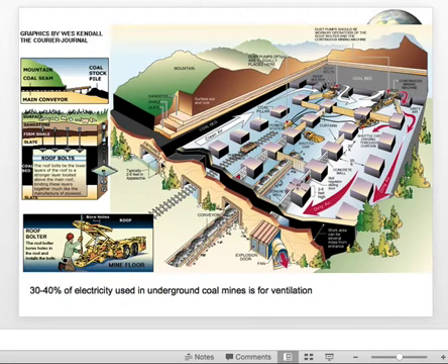The clean air is coming in the entryway, is being sent around the working face and is sent out, and there's various permanent and temporary curtains and walls and baffles that are going to prevent the air from going into areas that we don't want to spend money on ventilation somewhere where it's not needed.